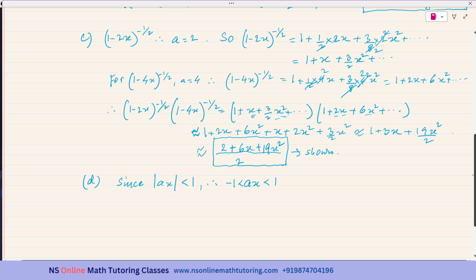So, now, therefore, 1 minus 2x raised to the power of negative half should be having ax as what now? 2x.